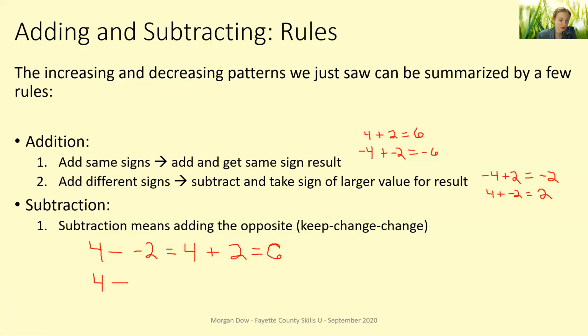But if we're thinking about what this rule means for subtraction, subtraction means adding the opposite. So we keep the first number, we change the subtraction to addition, and we change the second number to its opposite, so negative 2. So these two expressions are equal to each other. They both mean the same thing. They will both give us a result of 2.